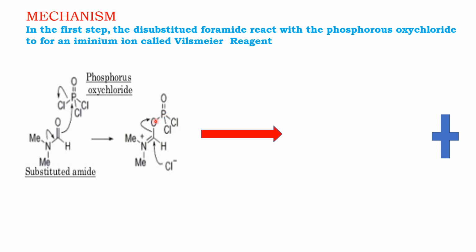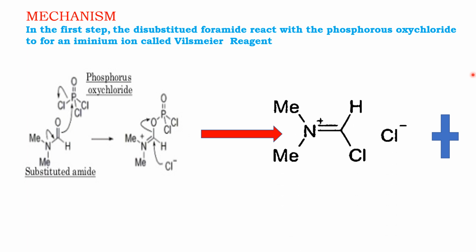They have a driving force toward P double bond O. So this will be shifting towards here. That means PO2Cl2 will be eliminated. So I will get Me, N, Me, Me, N, Me with a positive charge, and C, H, Cl. So this is an iminium ion.